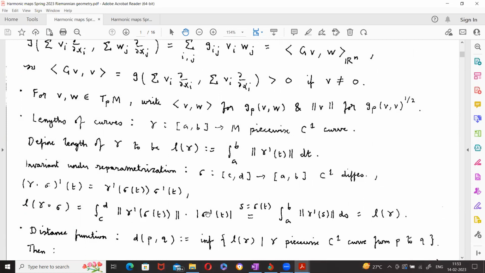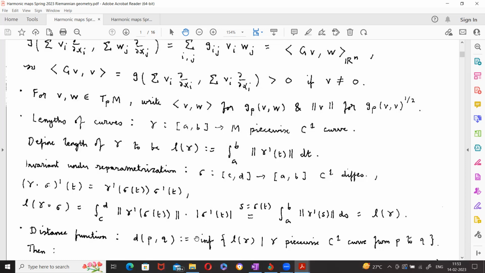And that length is the shortest length of all curves joining the 2 points in Rn, right? The shortest curve between 2 points in Rn is a straight line. So this suggests that in a Riemannian manifold, we can define a distance by taking the shortest length of curves joining any 2 points, right?